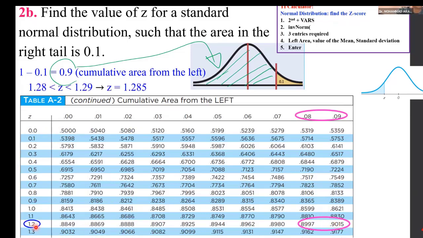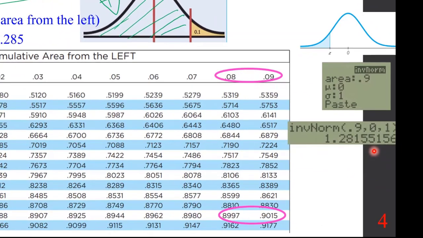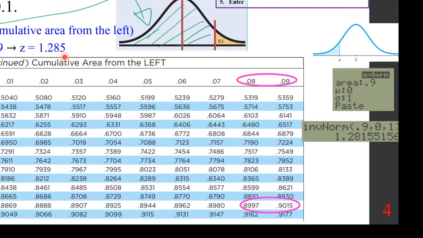On the left side, you have 1.2, and up here 0.08 or 0.09. So if you go in between, you can answer that z is between 1.28 and 1.29. We can pick 1.285. If you follow the instruction here, we put the area as 0.9, mu is 0, sigma is 1, and it results in 1.28155. Obviously, we have more decimals and a more precise answer. This is an approximation by using the table.